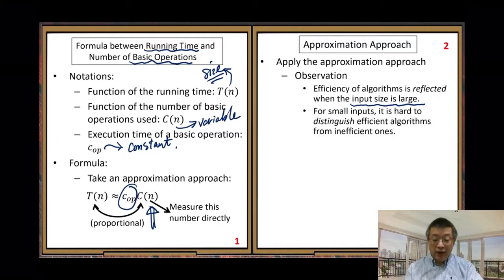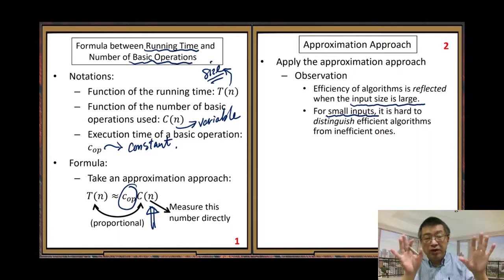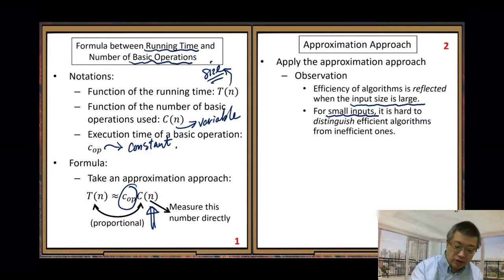For small inputs, it is hard to distinguish efficient algorithms from inefficient ones. Why is that?